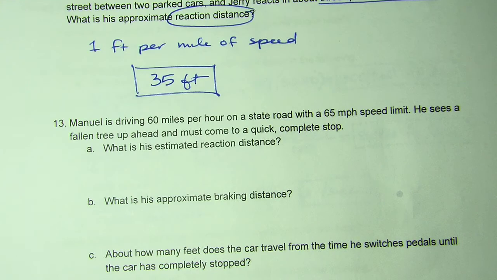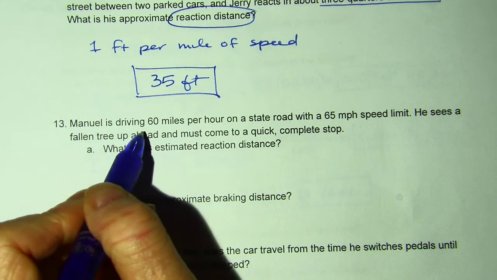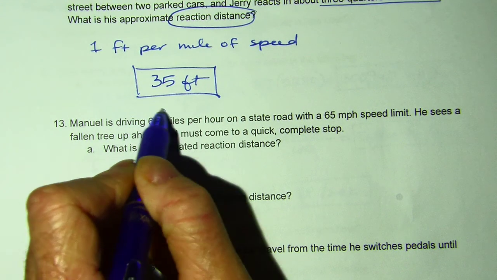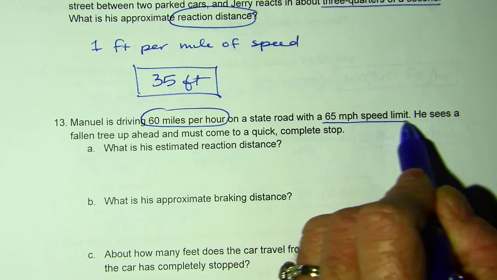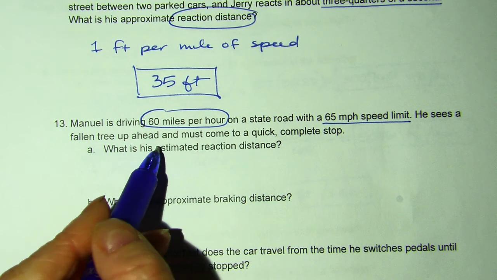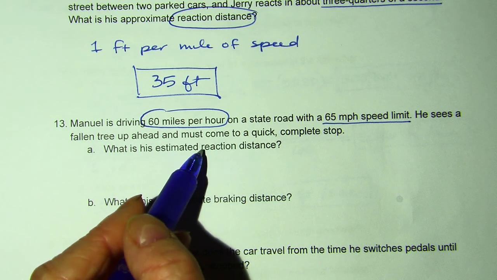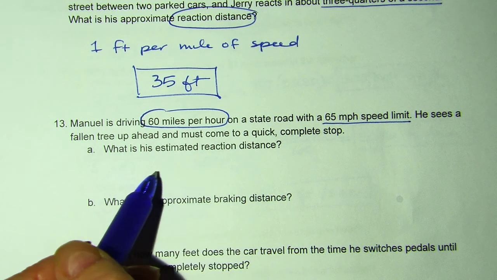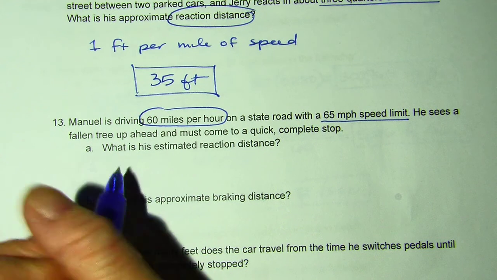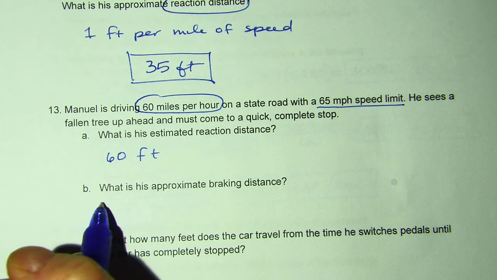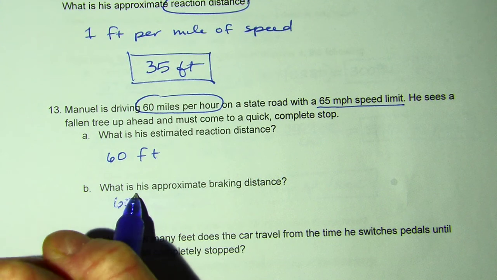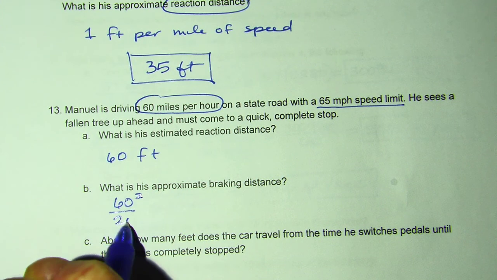Number 13. All right, so he's driving 60 miles per hour on a state road. He sees a fallen tree up ahead and must come to a quick, complete stop. What's his reaction distance? Well, it's going to take him 60 feet to react. His braking distance, remember, is his speed squared divided by 20.